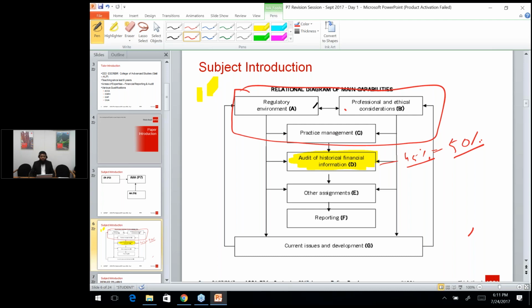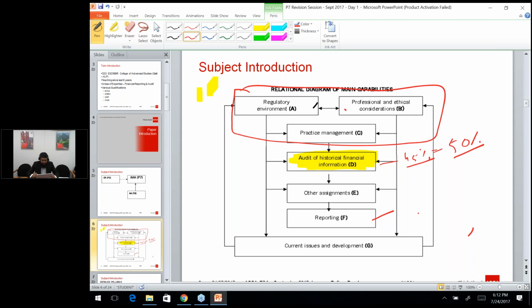In section E, we talk about the various types of engagements, like review engagements and other assurance engagements. Section F, again a very important section, talks about audit reporting. Many times you would find a specific question on section F, or at times a question on section F with some areas from section D also.